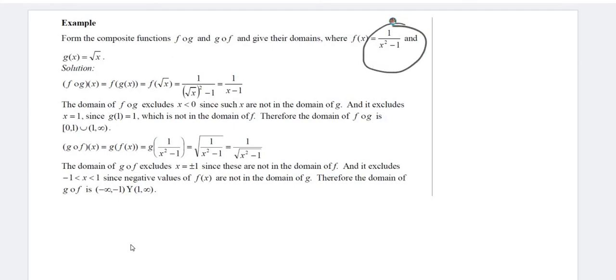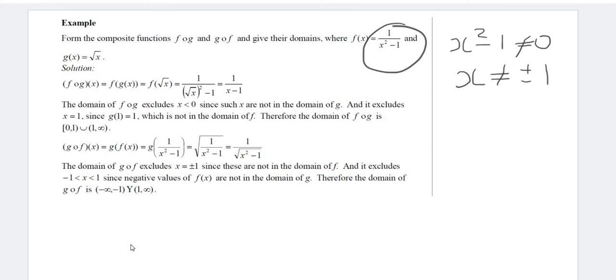We've done hyperbolas, and we know that the bottom cannot be 0. So in other words, x squared minus 1 cannot be 0. Okay, so that's going to give us that x cannot be plus or minus 1. Okay, so the domain is going to be everything except 1 and minus 1.